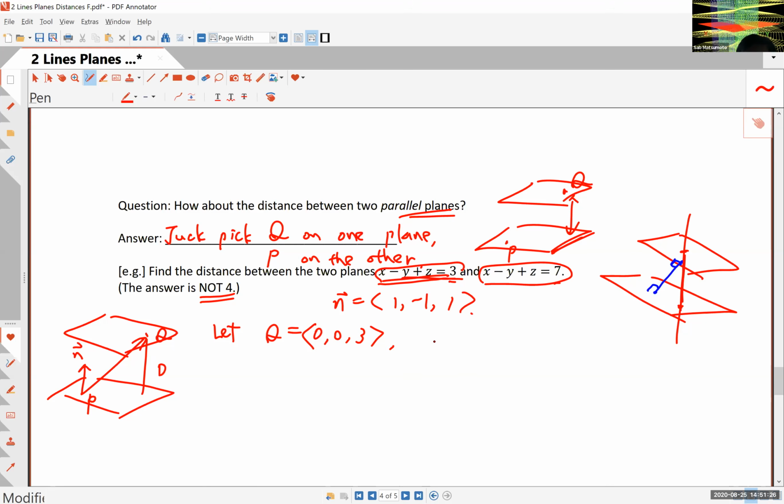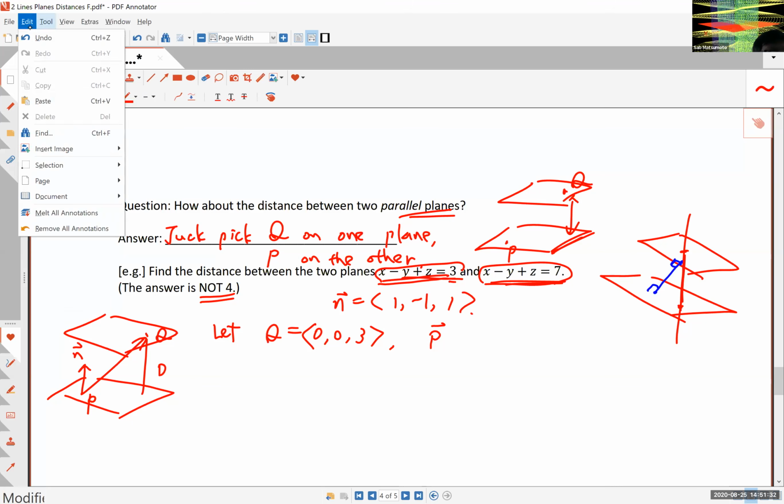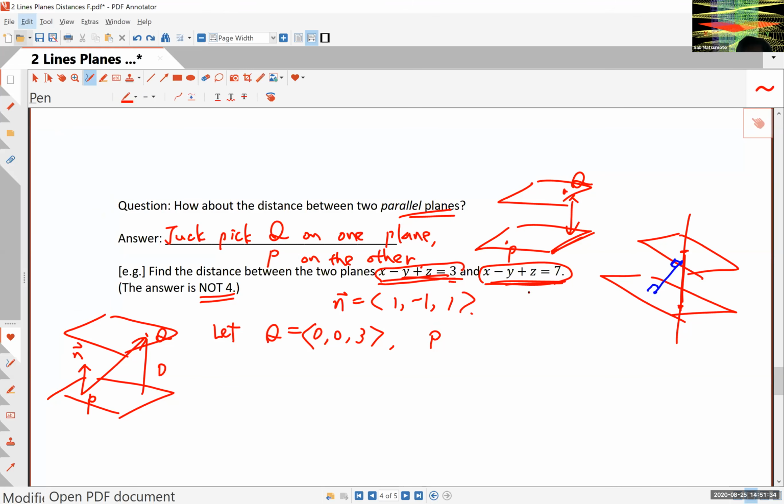Okay, how about from this? P comes from the second equation. How about 0, 0, 7? Is this on the plane?